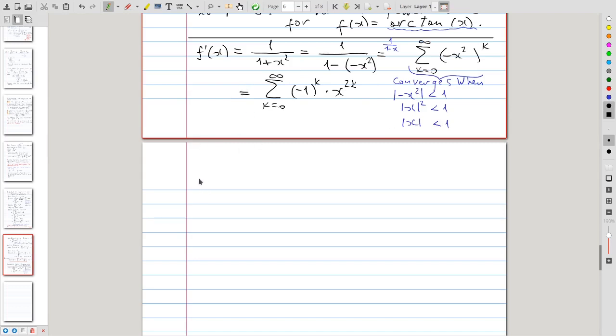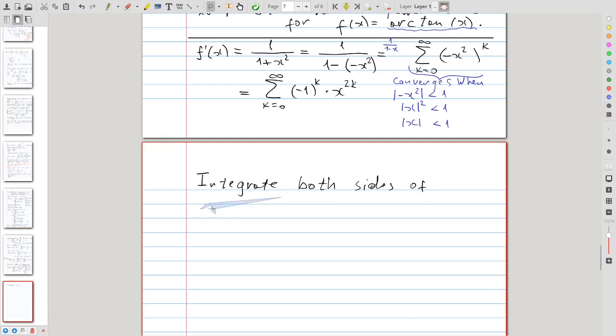So let us integrate both sides of f prime of x equals the sum k from 0 to infinity of minus 1 to the k times x to the 2k.